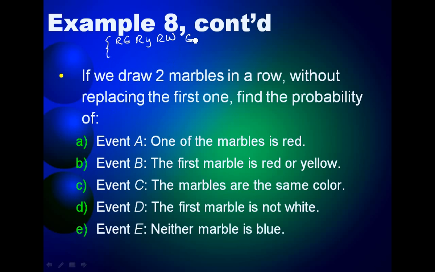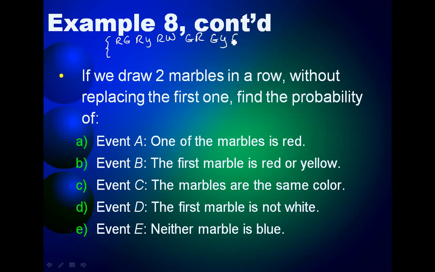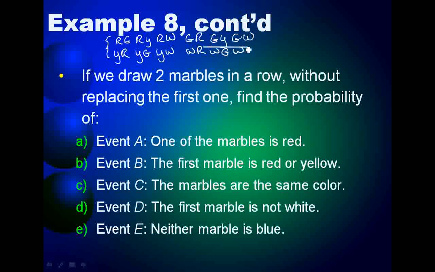We could start with a green, green red, green yellow, green white, or you could start by pulling a yellow, yellow red, yellow green, yellow white, or we could start by pulling the white first. White red, white green, white yellow.